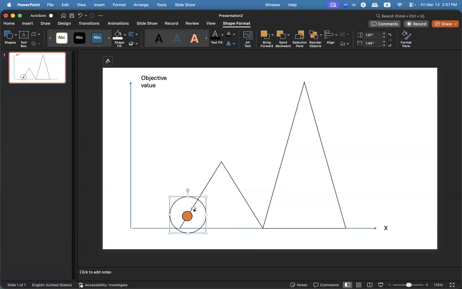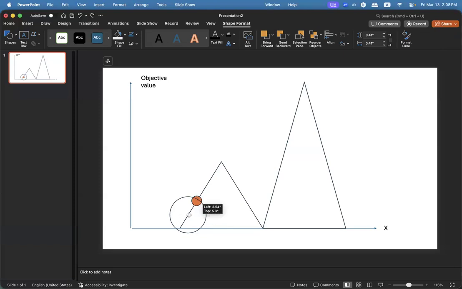The basic hill climbing algorithm will always choose to move to the place that maximizes my gain in the objective value. So in this case, it will move right here.